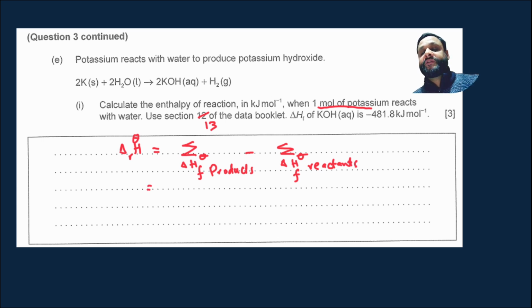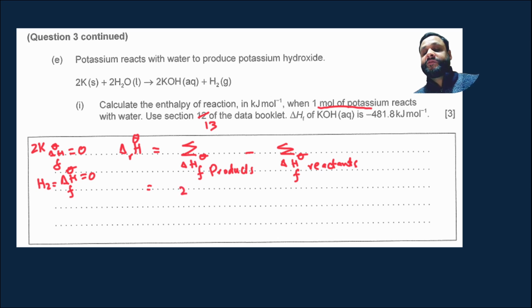Okay, so we have potassium, which is an element. So for 2K, delta Hf naught will be equal to 0 because it's an element. And on the product side, for hydrogen, delta Hf naught will be equal to 0 as well, so we don't need to worry about them. Our product is potassium hydroxide, and we have 2 moles of it, with the value given as minus 481.8.